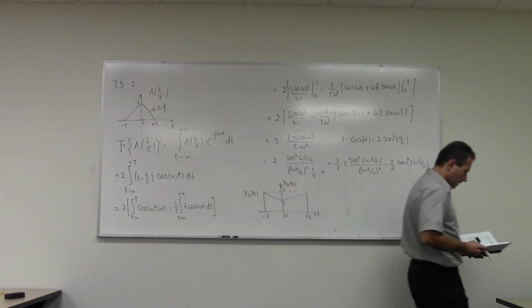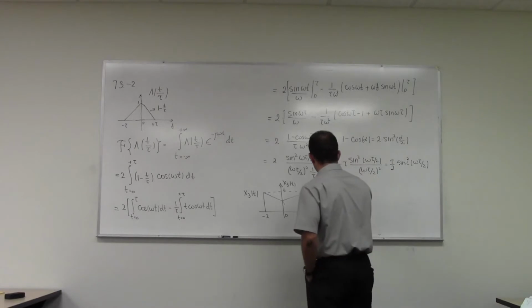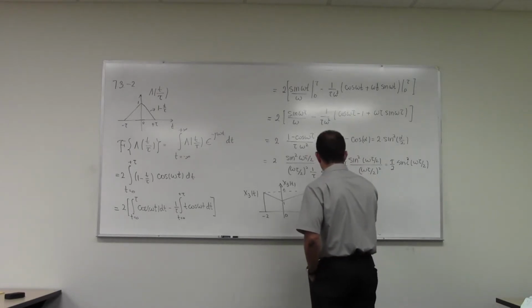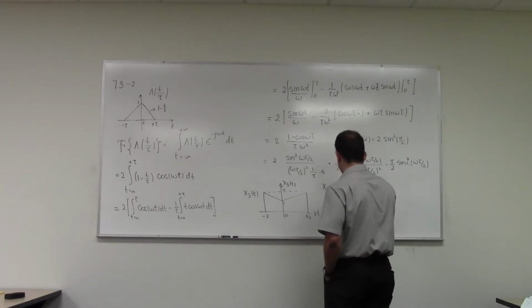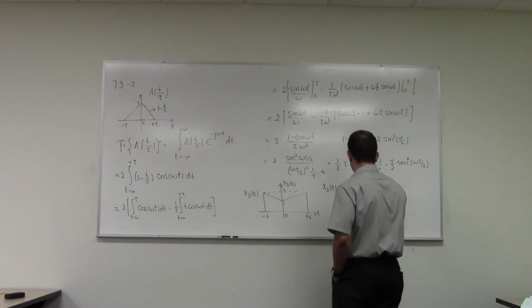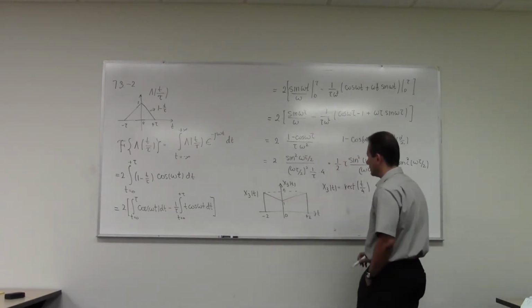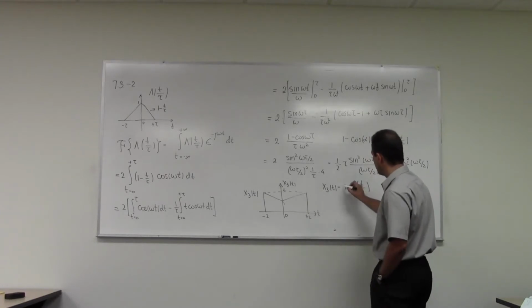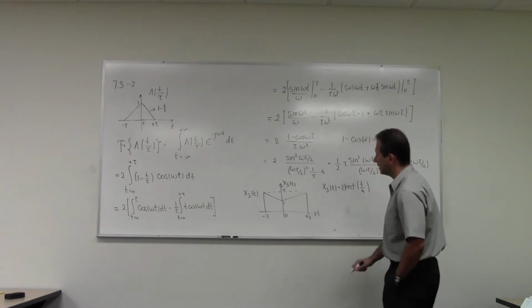So if you look at this function here, x3 of t can be written as a rectangular pulse centered at the origin with a width of 4. That would be this square pulse here. And I would have to multiply this guy by 2 to get the proper magnitude in the middle.